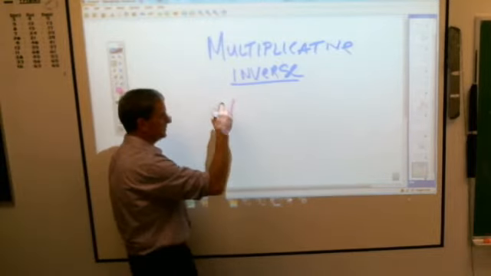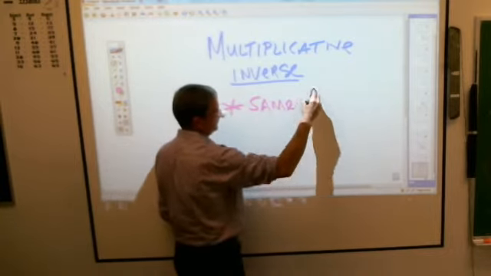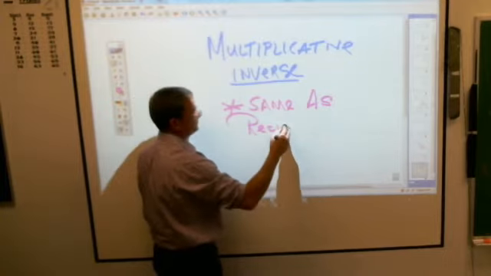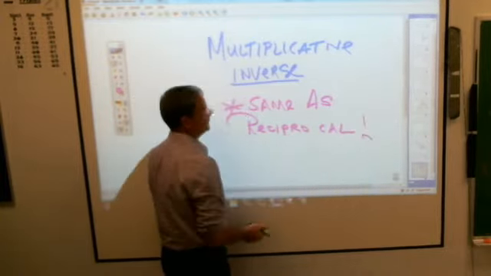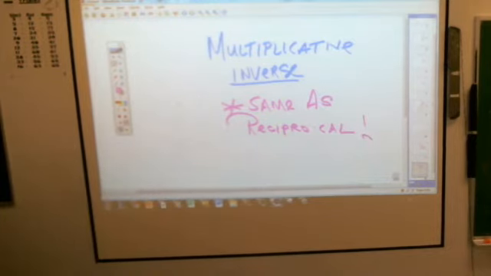Here, watch this. It's the same as reciprocal. That's all you need to know. It's the same thing. The multiplicative inverse of 5/8 is 8/5. Yada, yada, yada, blah, blah, blah. That's all we need there. Multiplicative inverse is the same.